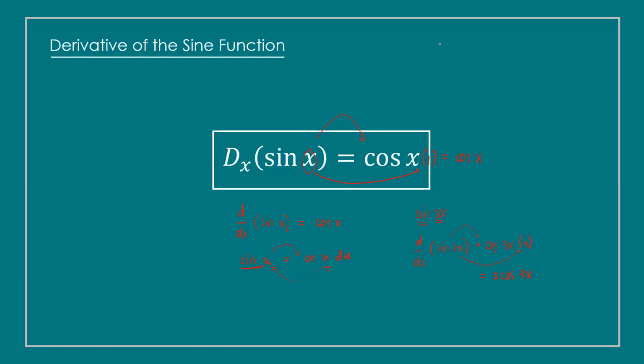So let's say another example, sine 9x. The derivative of sine 9x would be cosine 9x times 9. So the final answer would be 9 cosine 9x.